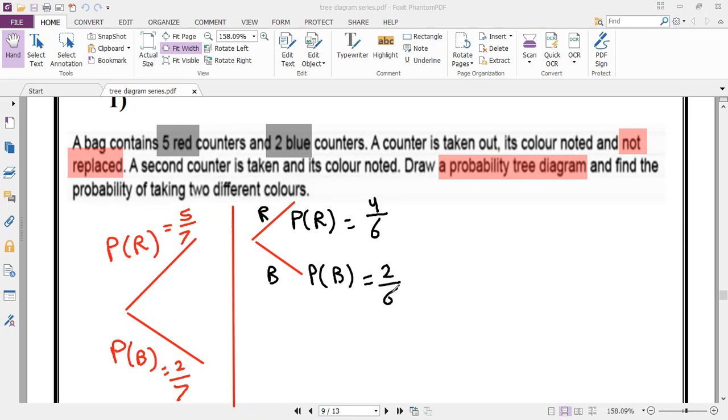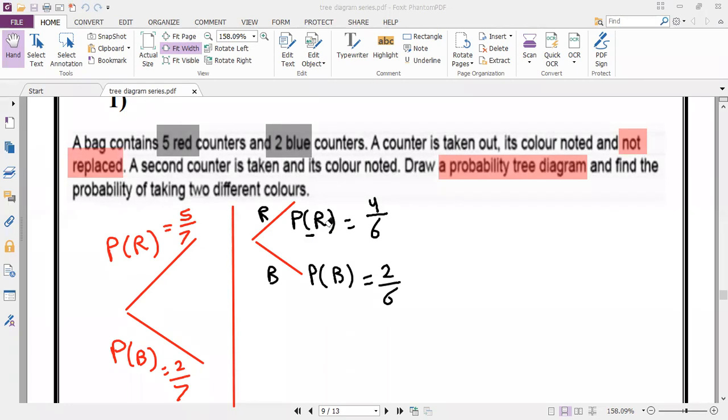But there is something very important I want to tell you. Some students get confused between P(R) and P(R). They must not be the same. Here it is 5 over 7 and here 4 over 6. So we couldn't write P(R) the second time.